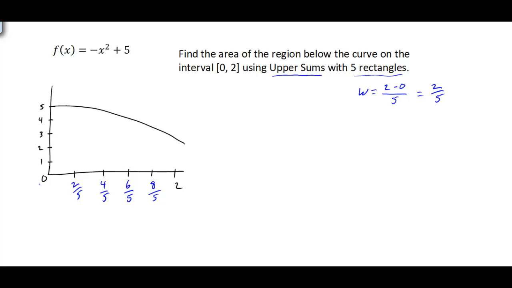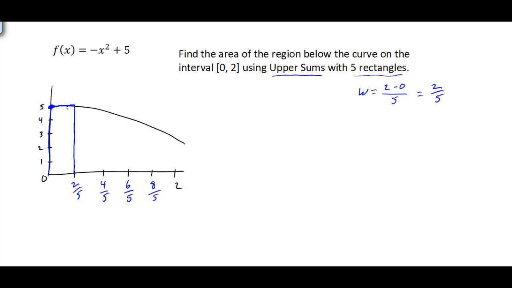So here, I'm going to look at drawing the left endpoint, which the first one, if we start at 0, notice when I go up here, I'm going to hit the point here, which is right at 5, and I'm going to draw my rectangle over and down to the 2/5. So this first one just barely is slightly right at, or just a little bit above the graph.